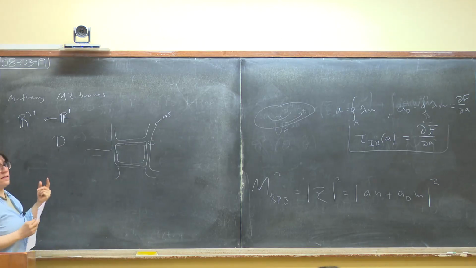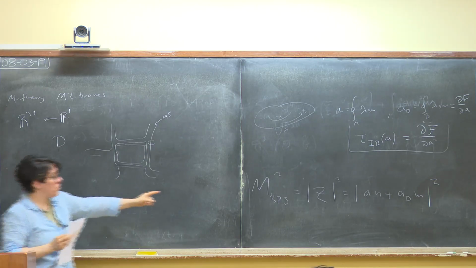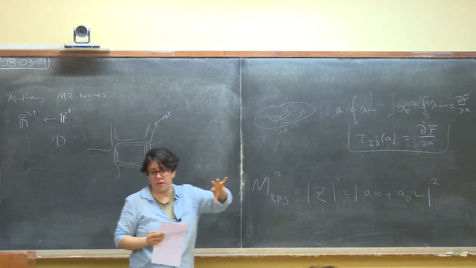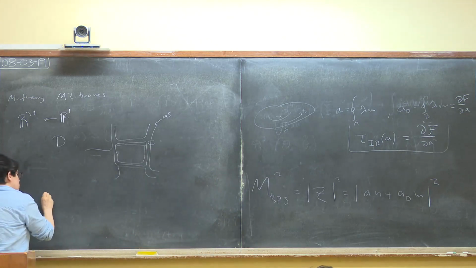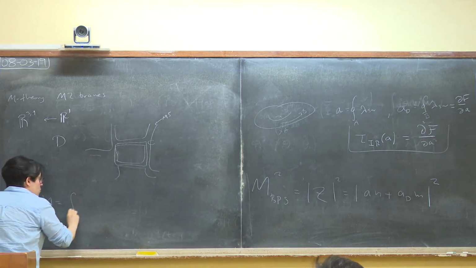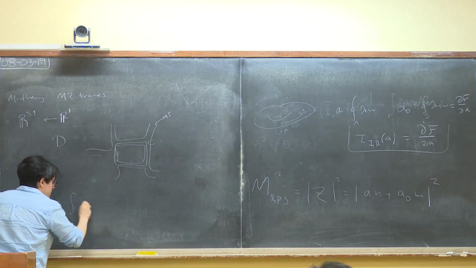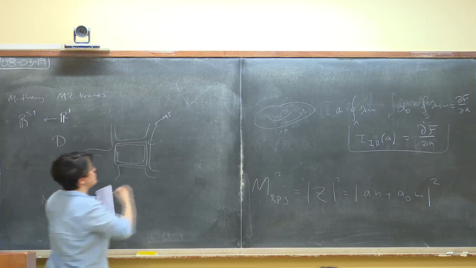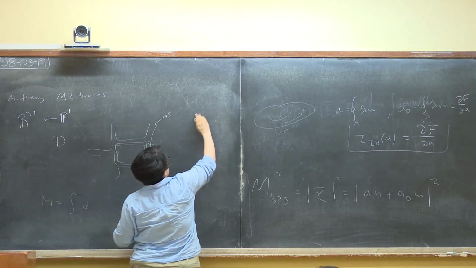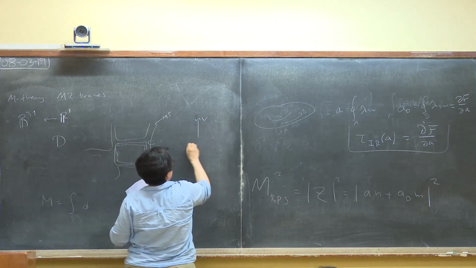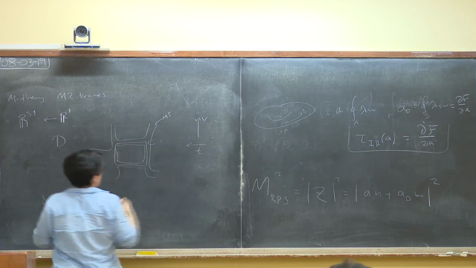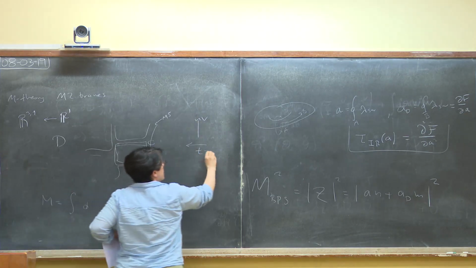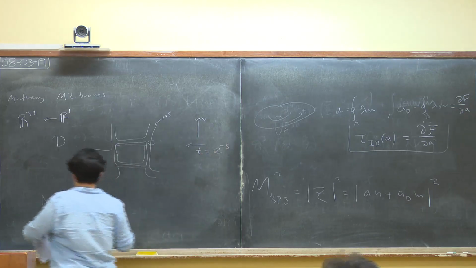What do I need to do if I want to calculate the mass of a particle that comes from an M2 brane? I need to do the world volume integral of some two-form. But remember, what did we have? We had V and T. These were the coordinates we had, and in fact T was e to the s.